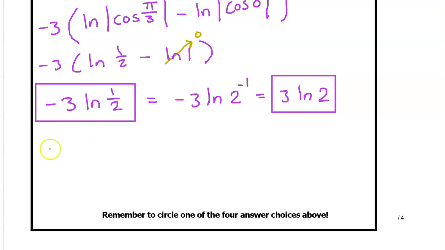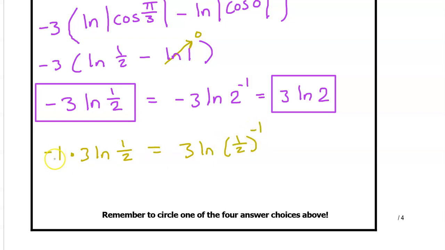So this negative 3, this would be the same thing as having, let's say, negative 1 times 3 times the natural log of 1/2. Using that power rule, the other way. I can take this -1 that's in the front and I can put it up here as the exponent. So if I do that, on my next step, I'm going to have 3 times the natural log of, I'll put it in parentheses, 1/2 to the -1 power.